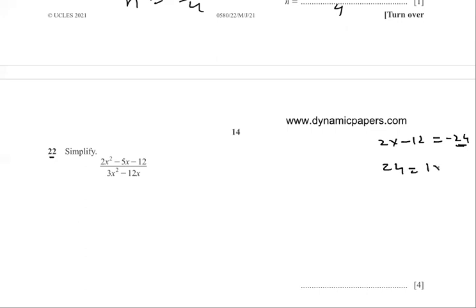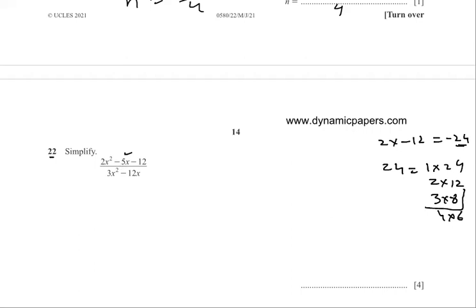Factors of 24 are 1 times 24, 2 times 12, 3 times 8, 4 times 6. But which factors will we choose? We choose the factors which, on adding or subtracting, give us minus 5.